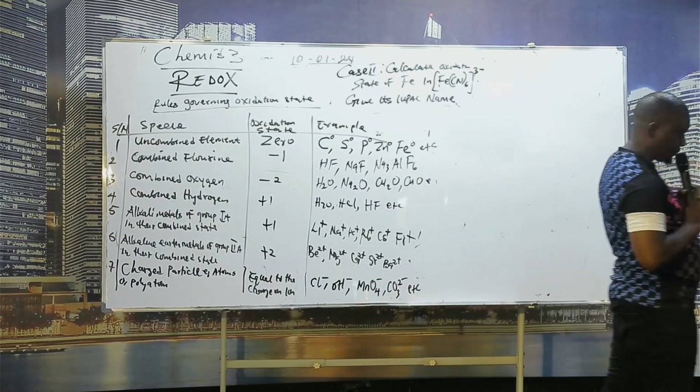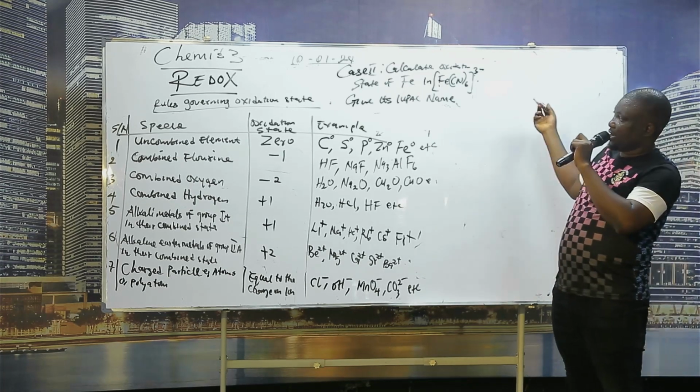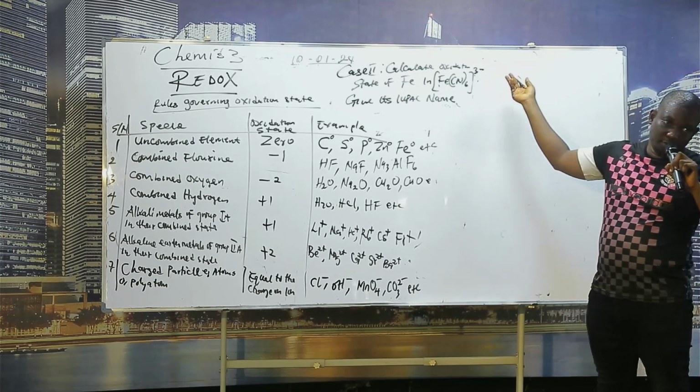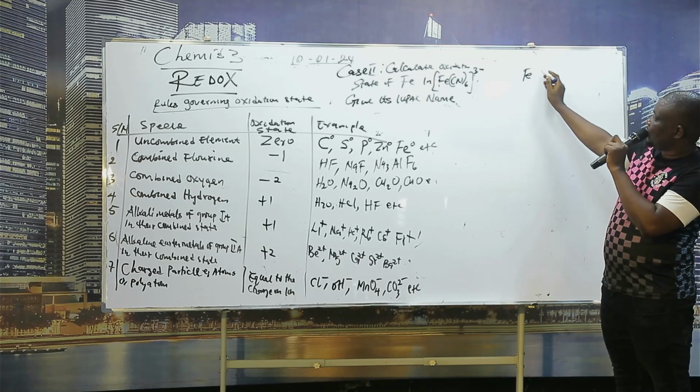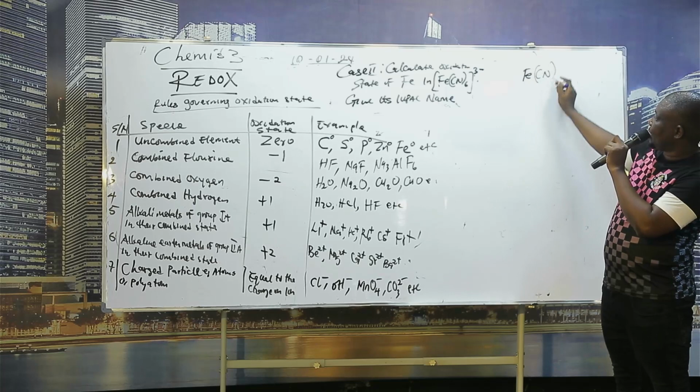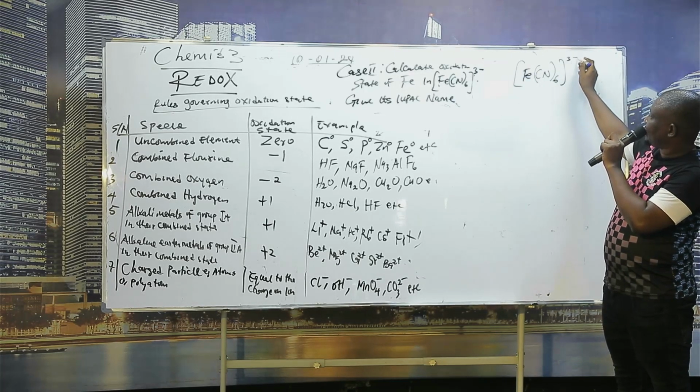Okay, now. First, please watch. It looks like the Fe and CN are unknown to you. See, Fe(CN)6 and then this, minus 3.